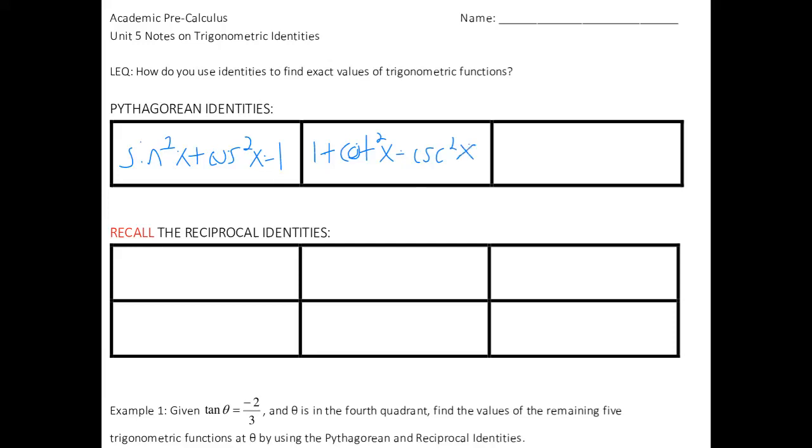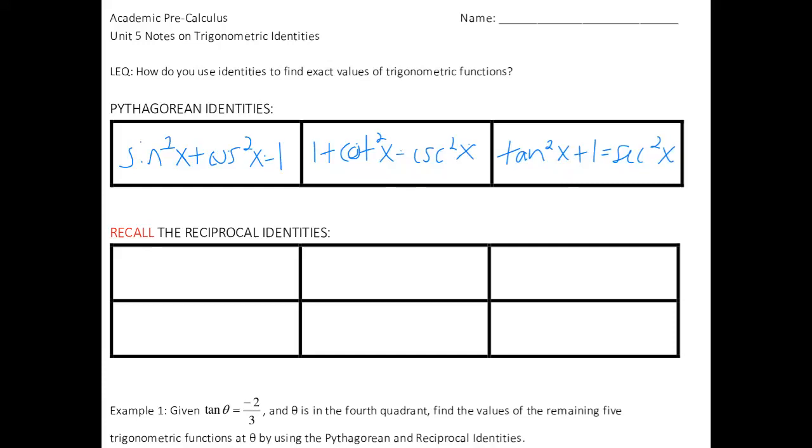And then the second one is tangent squared x plus 1 equals secant squared x. So for today's lesson, we'll be using these three interchangeably depending on what's given to us in the problem.